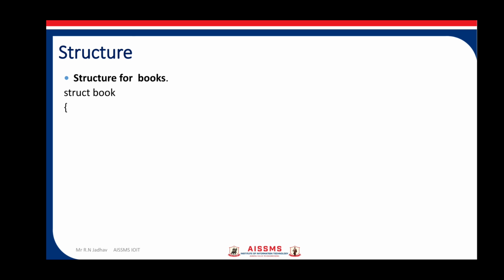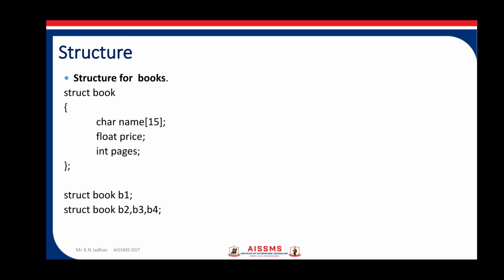Now I want to list multiple values such as the name of a book, the price of a book, and the number of pages that particular book has. So the name of a book is of type character, price is of type float, and number of pages is of type integer. Now I have created this variable, struct book b1. Similarly, you can create any number of variables for different books that you require.